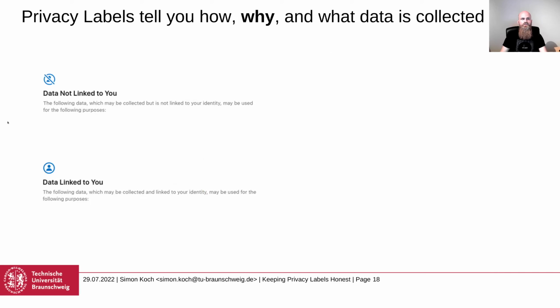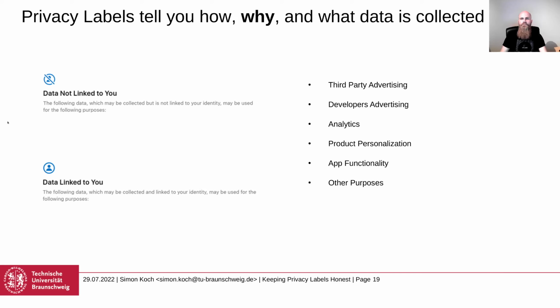Only the sections data not linked to you and data linked to you actually contain purposes. The section data used to track you already contains the purpose in the how. Overall, there are 6 different purposes: third-party advertising, developer's advertising, analytics, product personalization, app functionality, and other purposes.